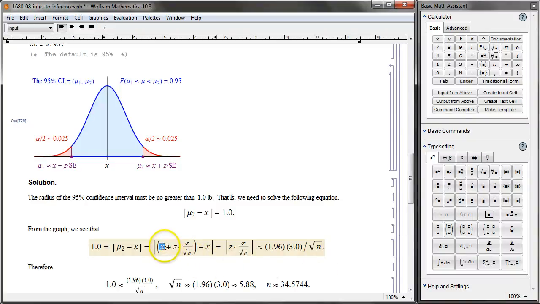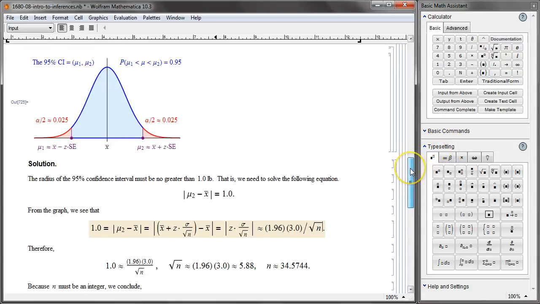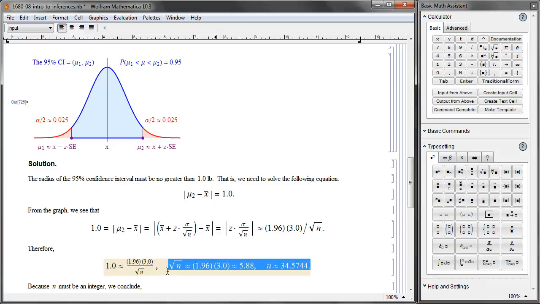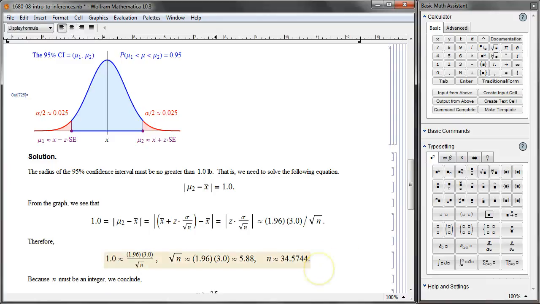This x bar and that x bar cancel each other out. So we have this equation here: 1.0 is approximately equal to 1.96 times 3.0 over square root of n. Solving this equation, you get square root of n is about 5.88.